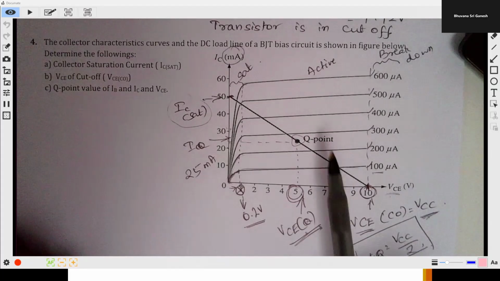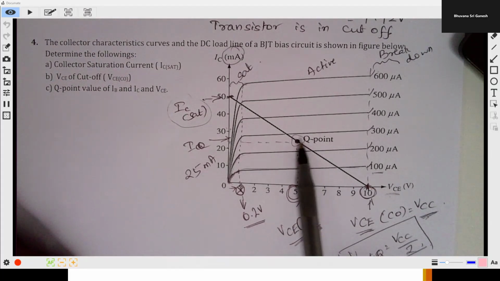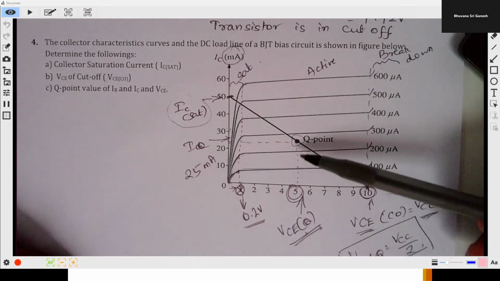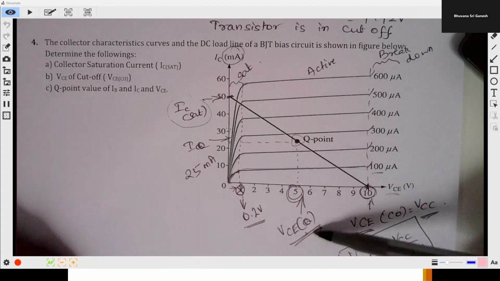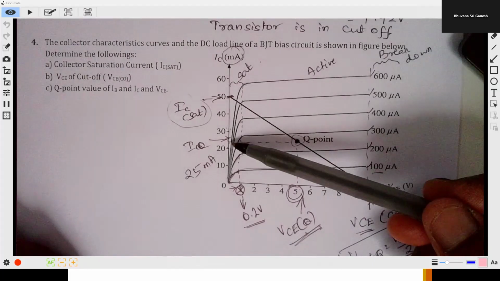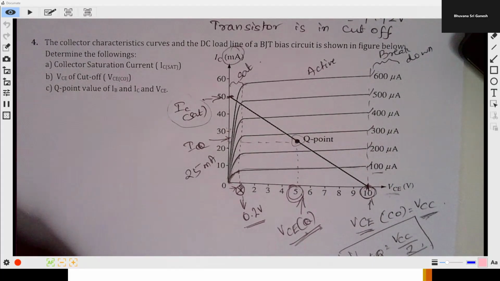Okay, the Q point is the operating point, the quiescent point, which says the transistor is operating at that point. So I drop a line perpendicular to the x-axis and say that is VCE at the Q point, and drop a perpendicular to the y-axis and that I say is ICQ.